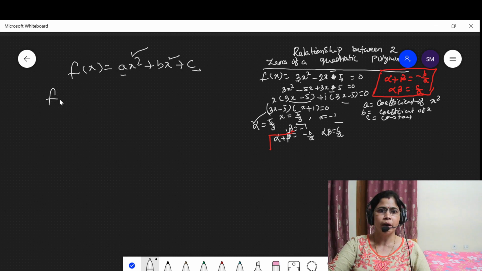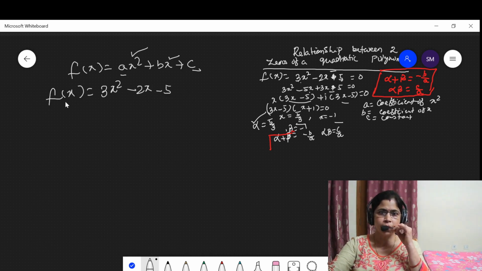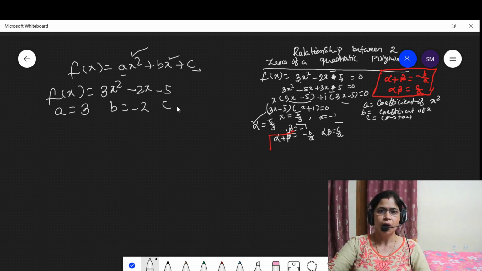Then when f(x) is equal to 3x square minus 2x minus 5, this means a is equal to 3, b is equal to minus 2, and c is equal to minus 5.